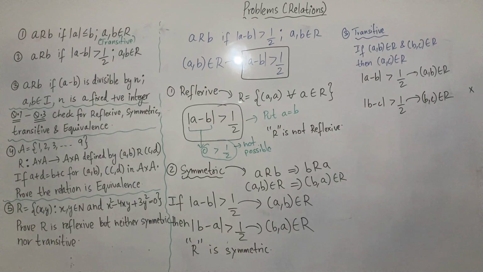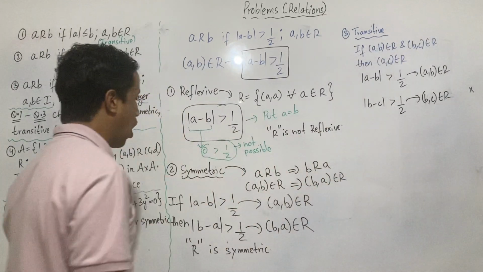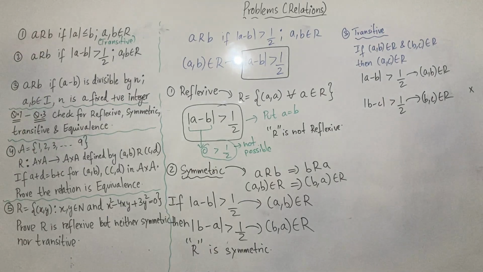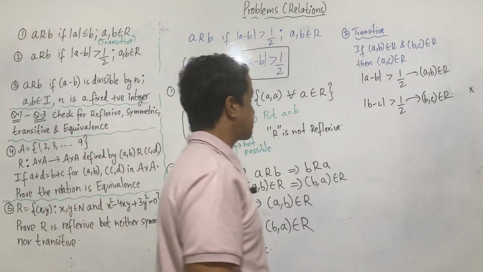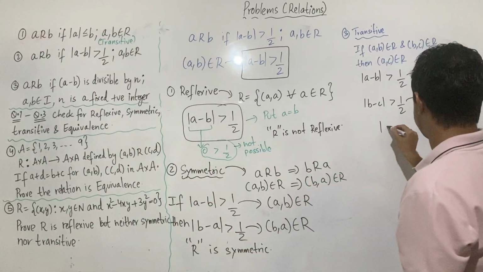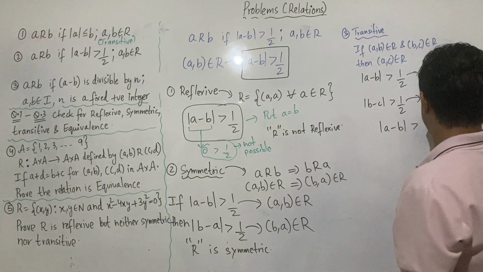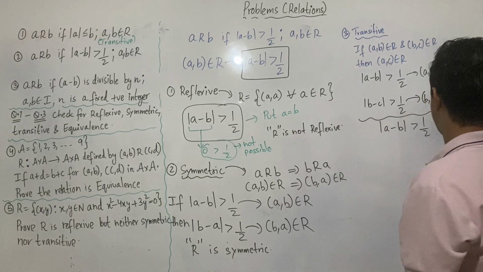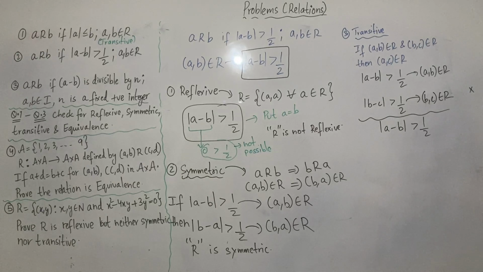What about (A, C)? Now how can we get (A, C) here? Let's take an example. Again, I'm taking mod of A minus B greater than 1 by 2.